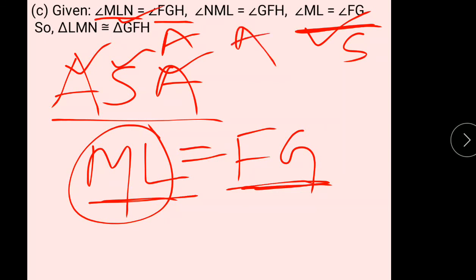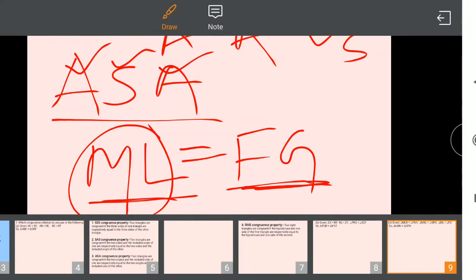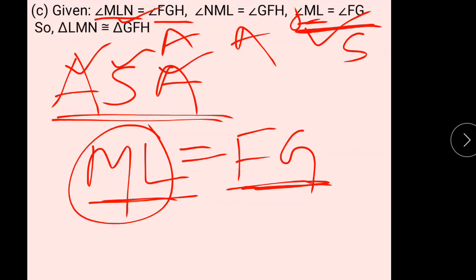Two triangles are congruent if two angles and the included side are equal. I guess this is just a printing mistake, because ML in front of this ML has created a problem here. So do not get confused about that. It is angle, side, angle property.